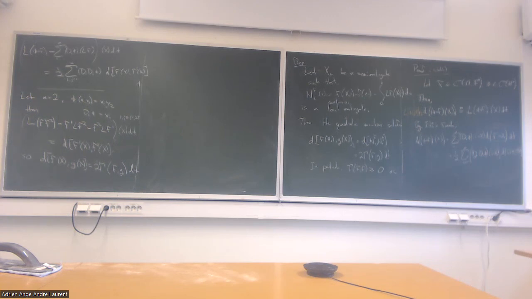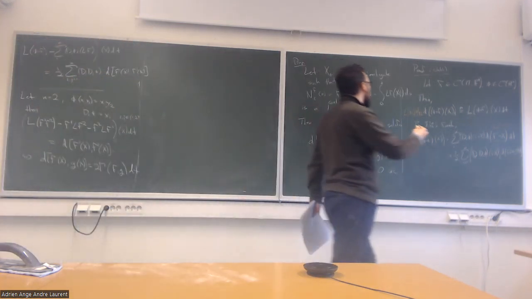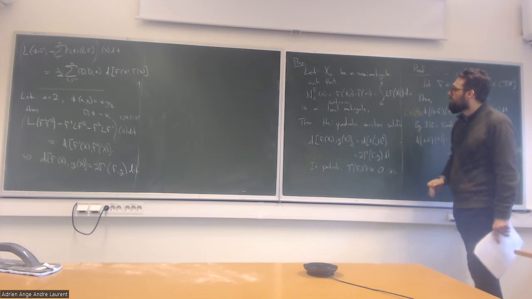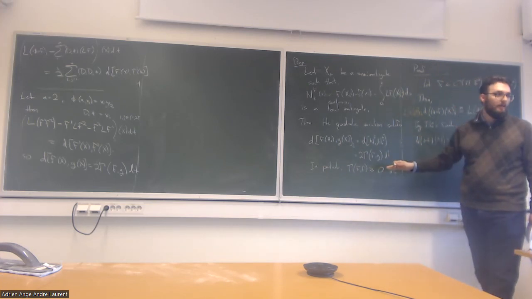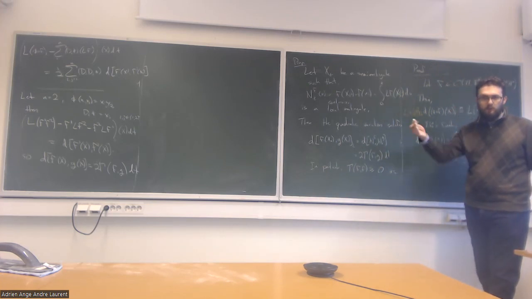Cool. So what we have here, and this is as good as the actual proof, is that the carré du champ really does represent quadratic variation. So there's a direct connection.